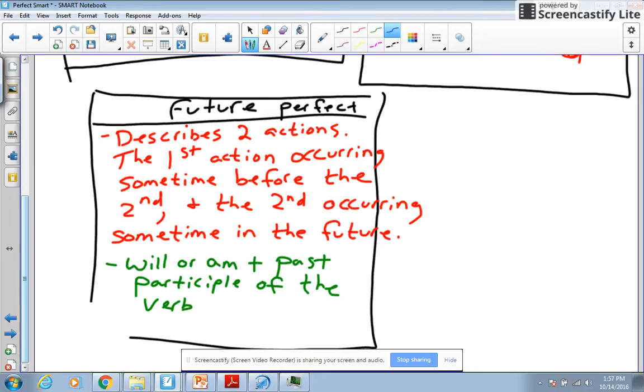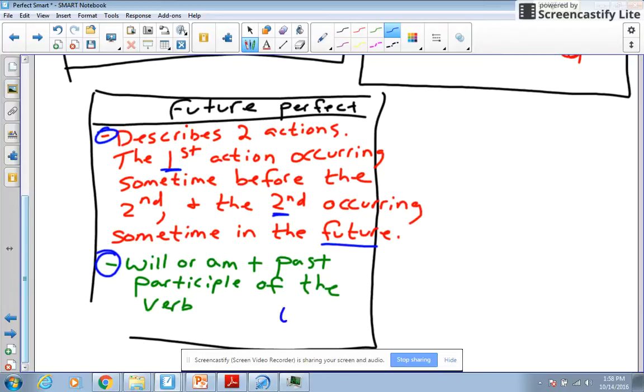And these verbs, this is a little bit longer definition, but these verbs describe two actions. And the first action occurs sometime before the second action, and the second action happens in the future. And our formula for this is we need to have the word will, and then we combine that with the past participle of the verb, and you get a future perfect tense verb.